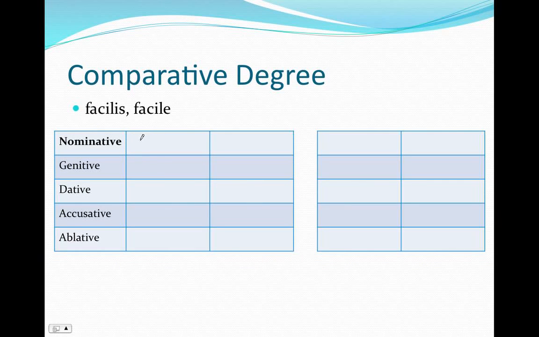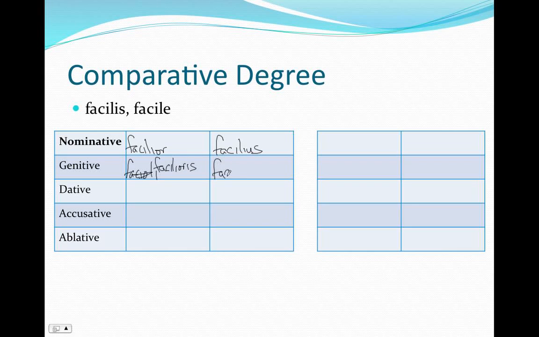Facilis, facile, easy. All right, we're going to take our stem, facil, and we're going to add -ior, so facilior for our masculine feminine, and facilius for the neuter. Now when we decline it, remember the stem is going to come from the nominative singular, so it will be facilioris.